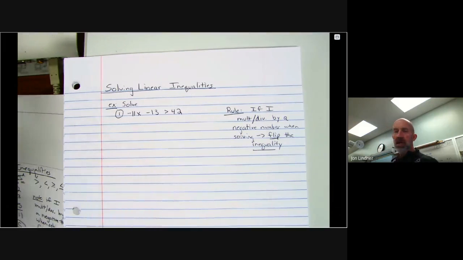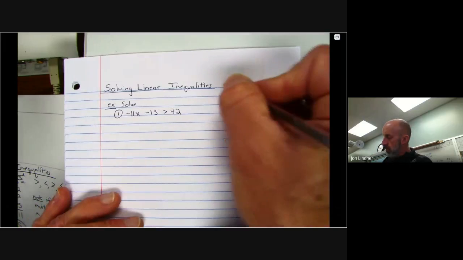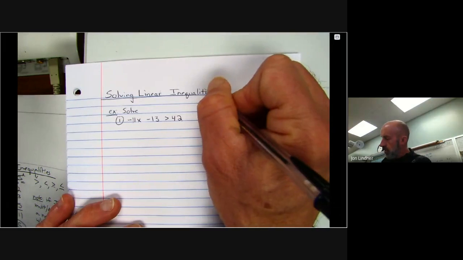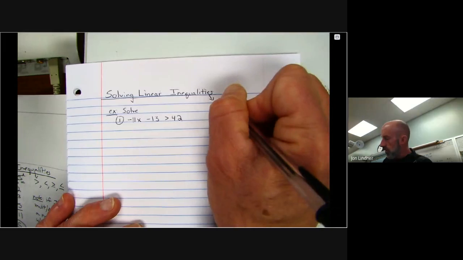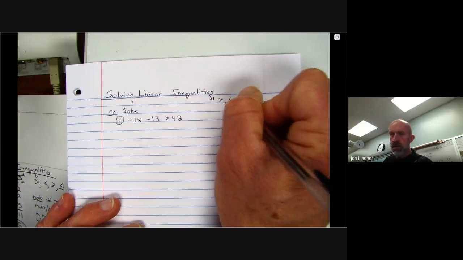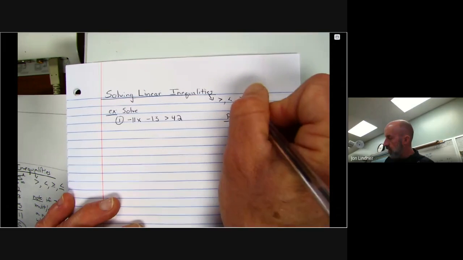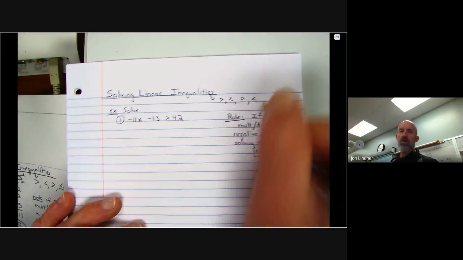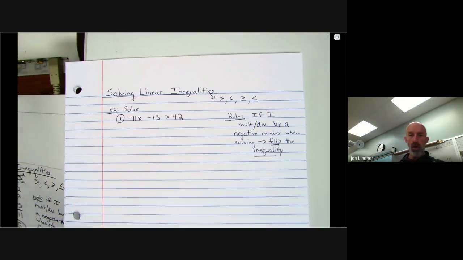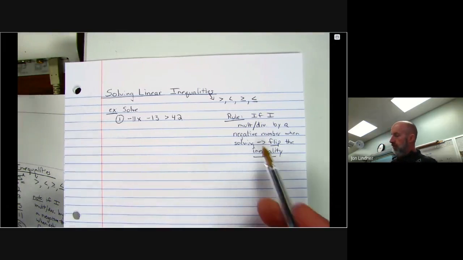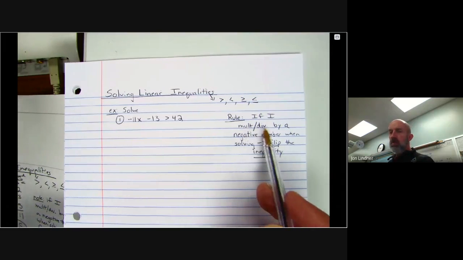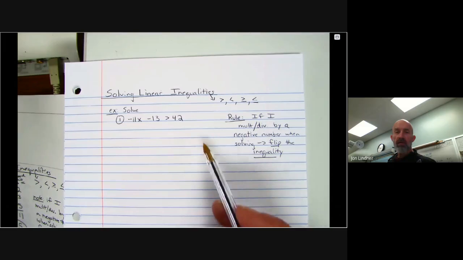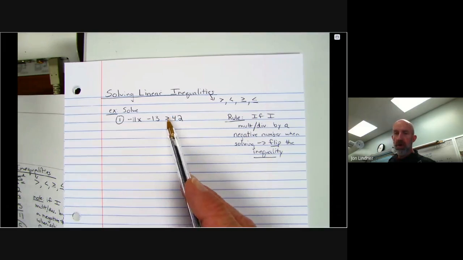And remember what an inequality is. I was assuming that you know what an inequality is. Inequalities are those symbols that are greater than, less than, greater than or equal to, less than or equal to. Those are the inequality symbols. So if I happen to multiply or divide by some kind of negative number when I'm solving it, then I just have to flip this inequality symbol at the end.